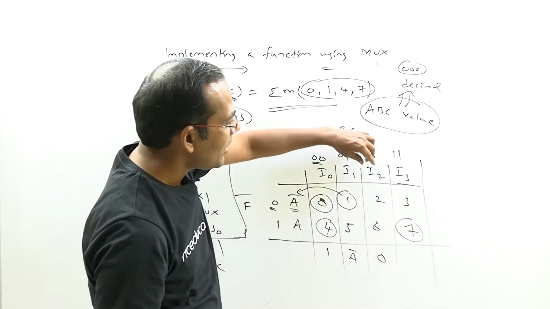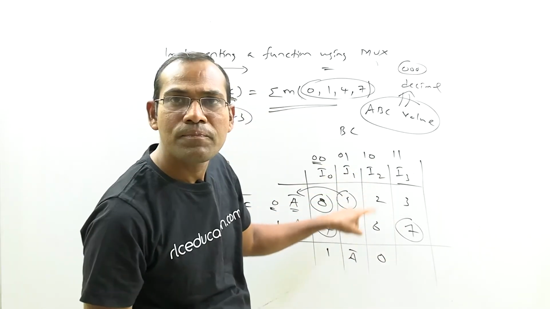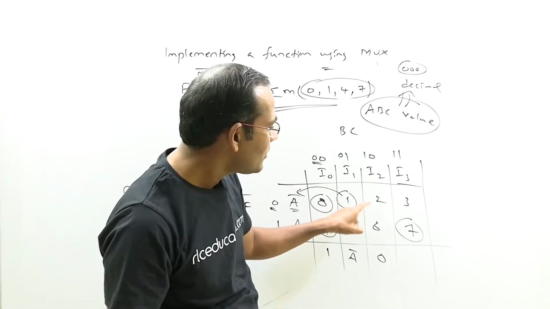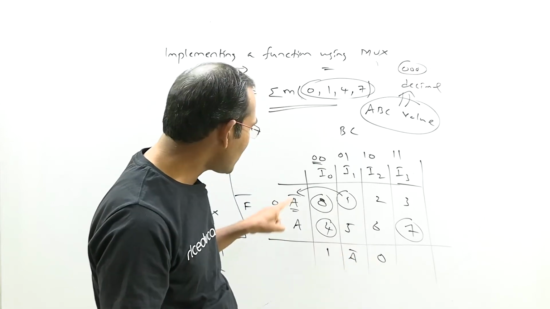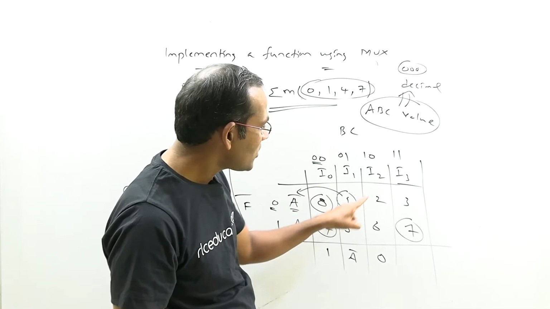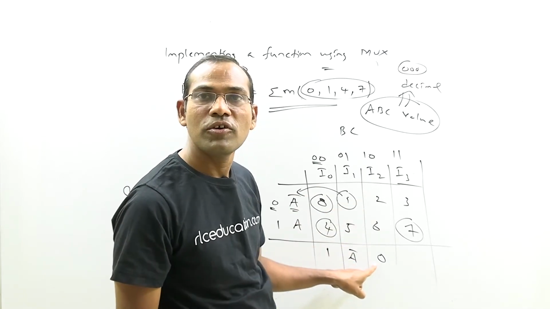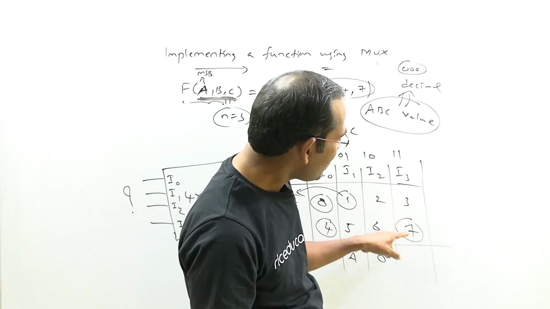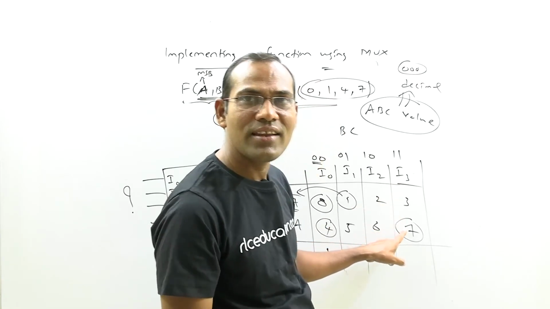If you observe, I2 is obtained from these two numbers. These two are not circled, so 0. When both are circled, 1. When both are not circled, 0. And here, only one circle is there, so write the row variable.